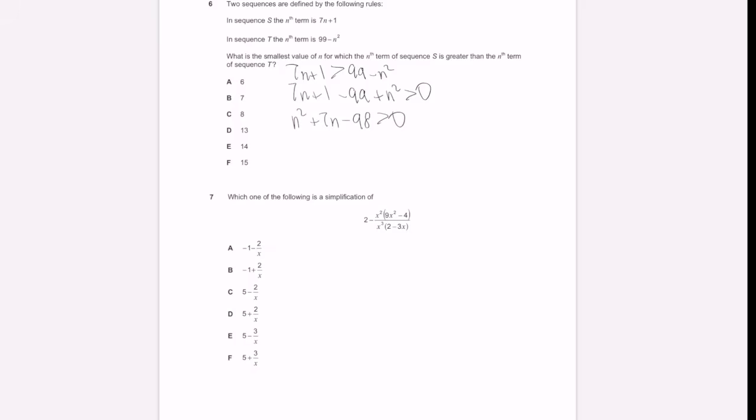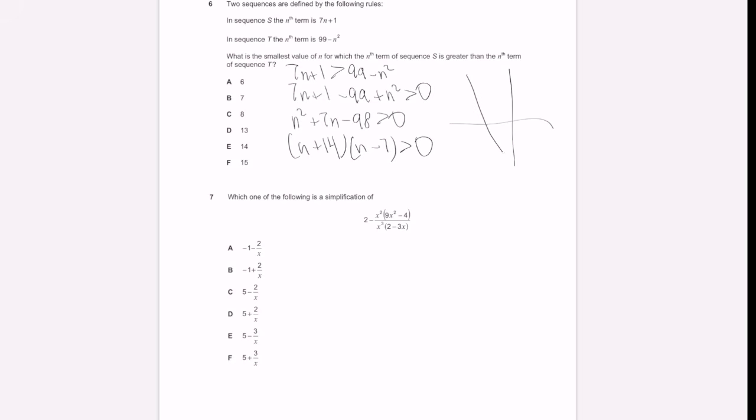This here is just the standard sort of inequality. We can actually factorize this, which is just going to be equal to (n minus 7) and then we need a (n plus 14) over here. This needs to be greater than 0.